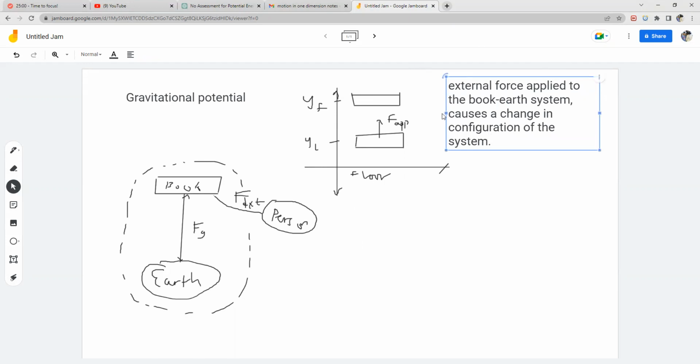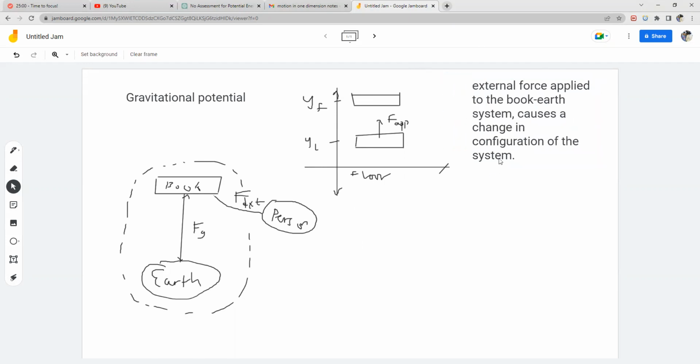The earlier configuration is that the book is closer to the floor at y initial. And the later configuration, the change caused by the external force, is such that the book is now at a different position, y final.